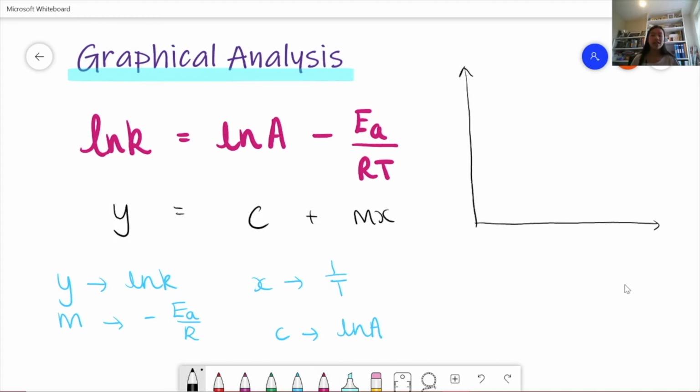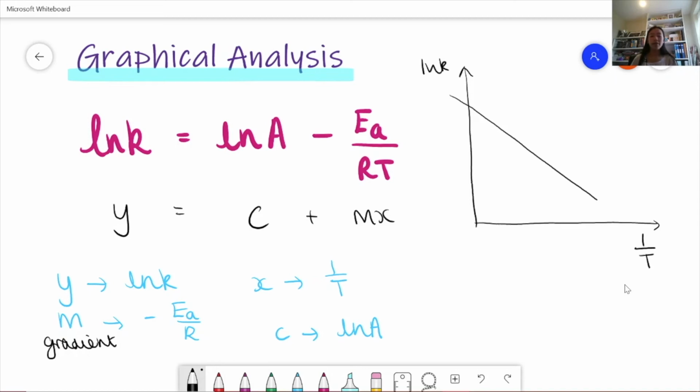On the y-axis, we would have ln K, and on the x-axis, we would have 1 over T plotted. And then the graph should look something like this, because the gradient, which is the m, is negative. And so this gradient would be equal to minus Ea over R.